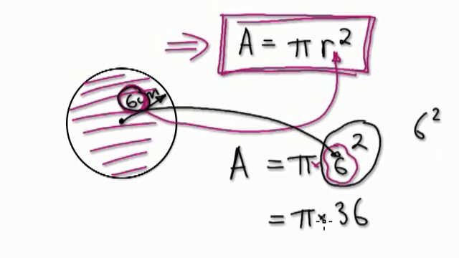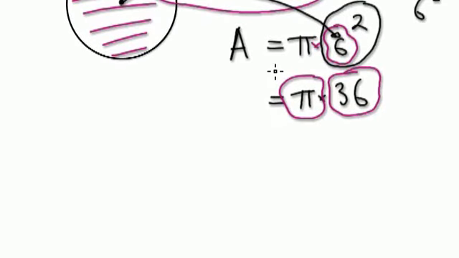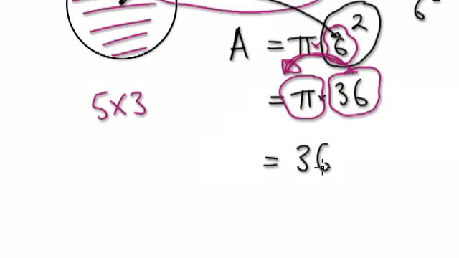At the moment it's pi times 36, multiplying each other, but we prefer to put the number in front. Remember, 5 times 3 is the same as 3 times 5, so we can switch these over so that it looks neater. So the area of this circle would be 36 pi.